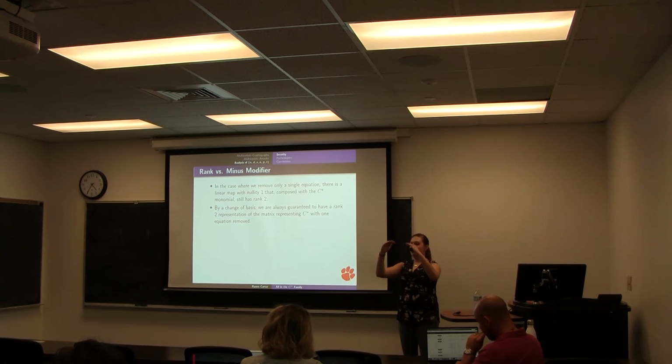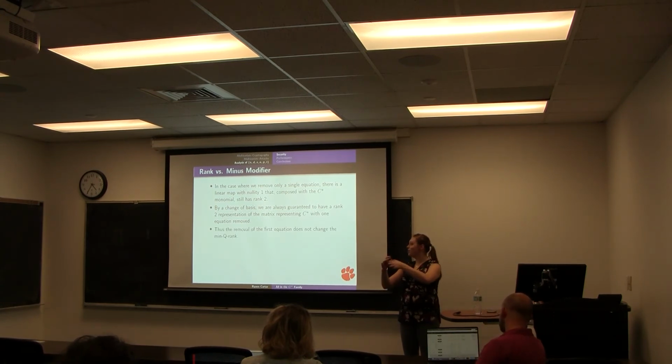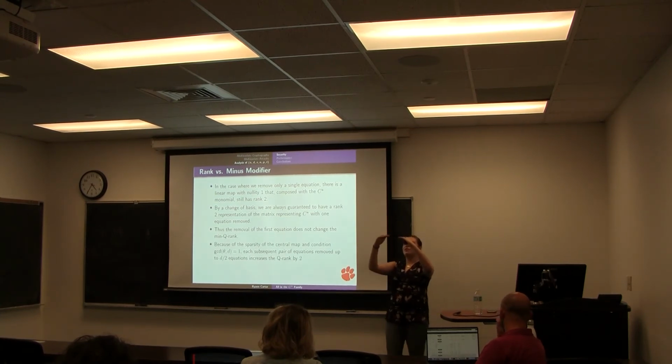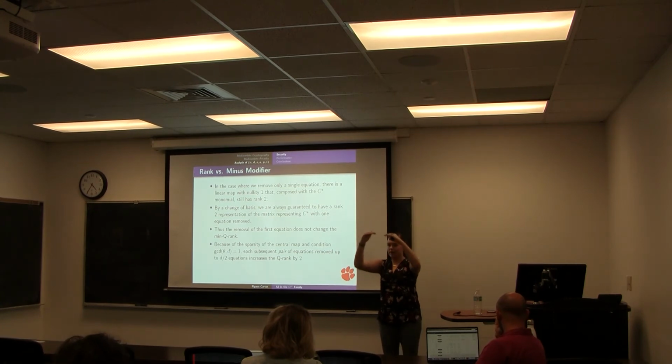And so what happens is, if I have a C star map, if I delete one, my rank stays the same, but then when I delete 2, because it only works for the first one, it's going to raise it. So then if I delete 3, it stays the same. Delete 4, it steps up.